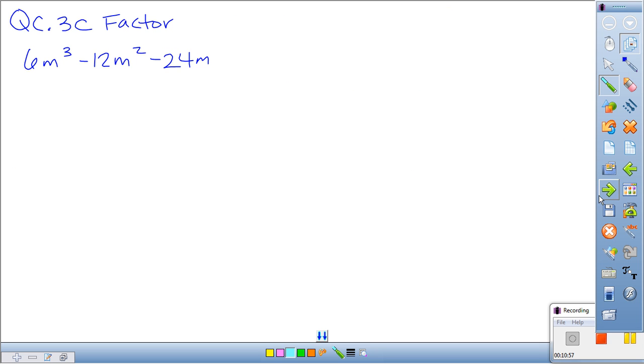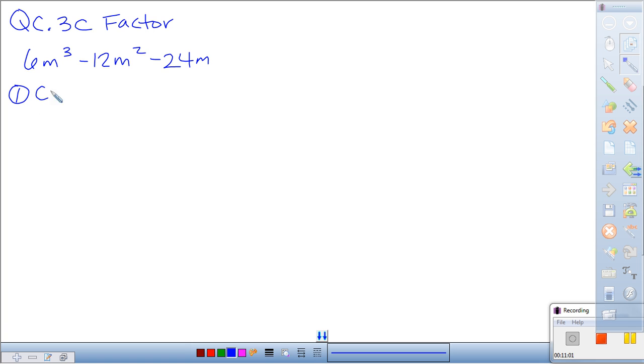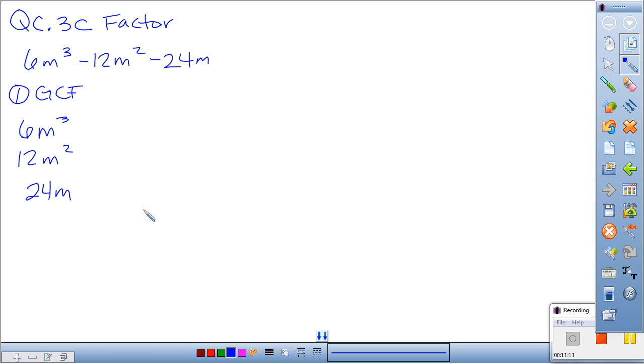If not, let's try one more. Quick check 3C. Again, the first thing we're going to do is find the GCF. 6m cubed, negative 12. Ooh, let's leave out that negative. We don't need that. 12m squared, and finally 24m.